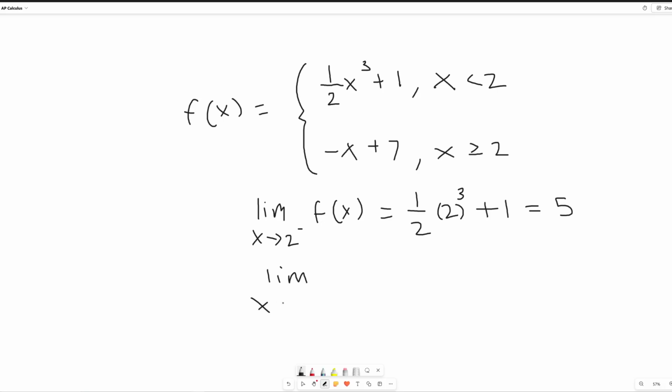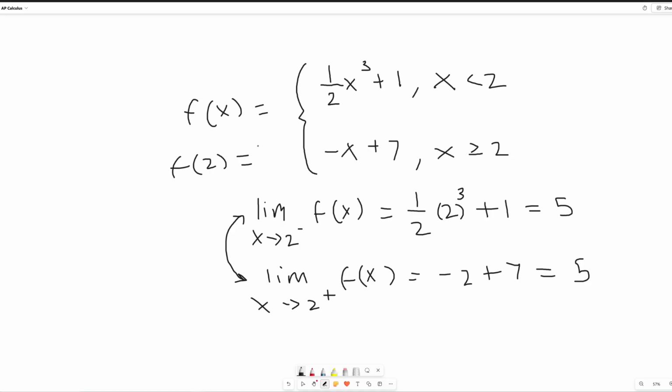The limit as x approaches 2 from the right is -2 plus 7, which also equals 5. Since these limits are equal, and f of 2 equals 5, this is the important part. F of 2 is this, because x equals 2 is included in the second piece, so f of 2 equals 5. Because these are all equal, it is continuous at x equals 2.